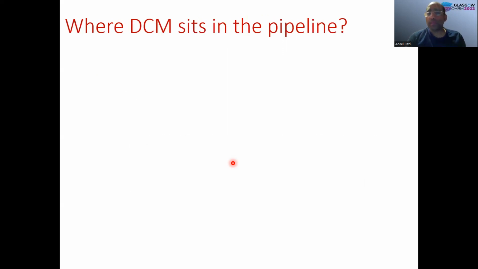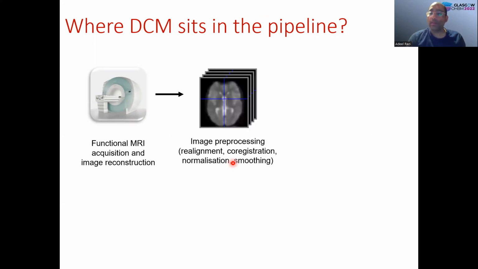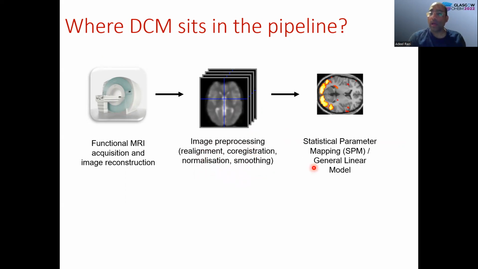So where does the DCM sit in the pipeline? This is how we start. We start with an MRI machine where we acquire our structural and functional brain images. We then use these brain images and do image processing, which involves various different processes, for example, realignment, registration, normalization, and smoothing.